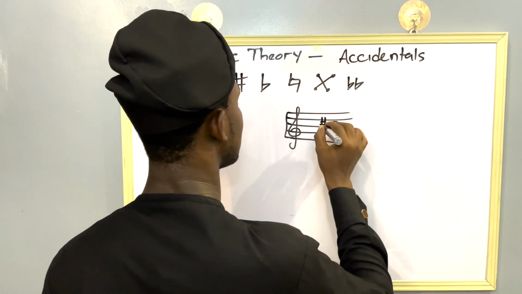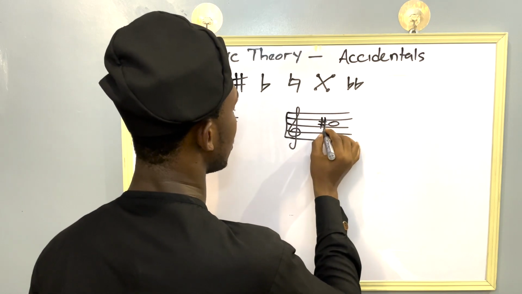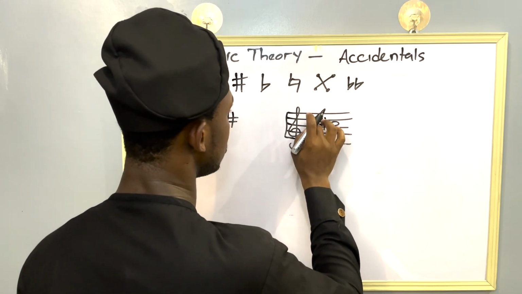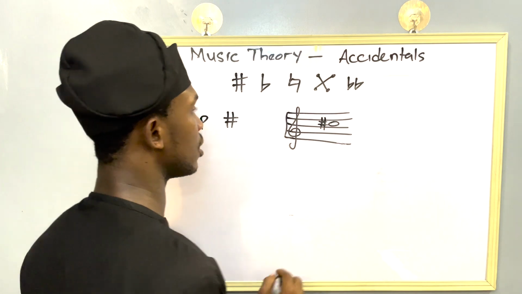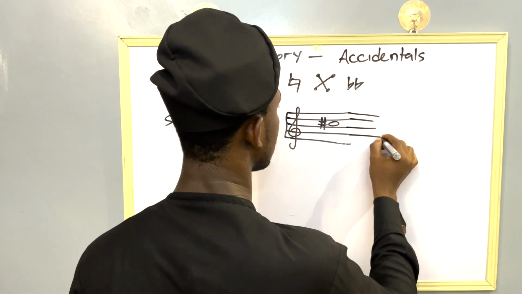We make sure that this sharp is within the space where we are putting it. Also, if it is on a line, let's just extend this.